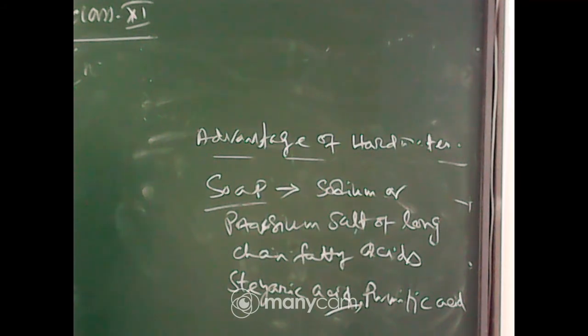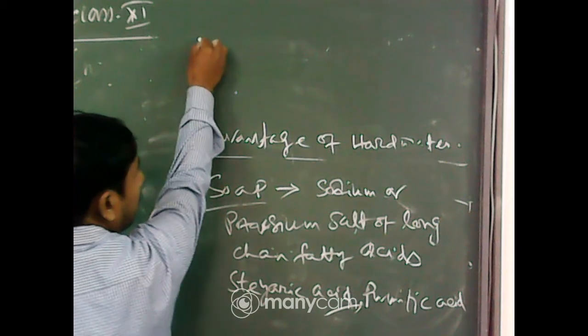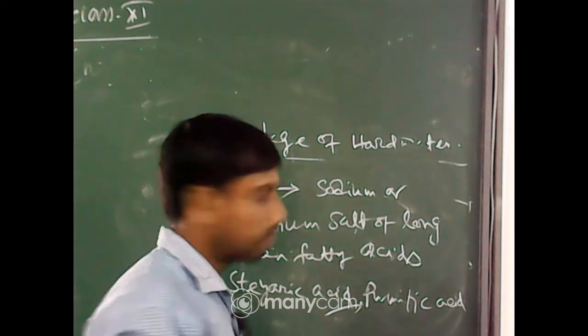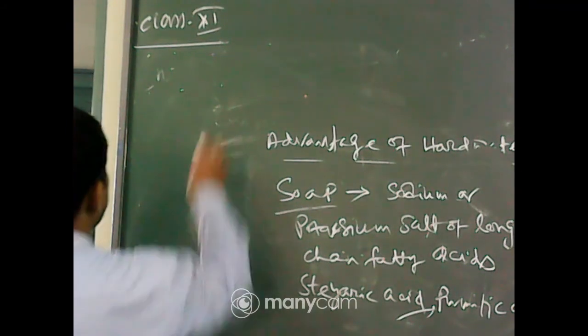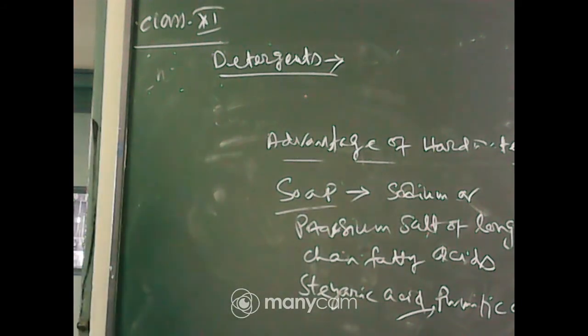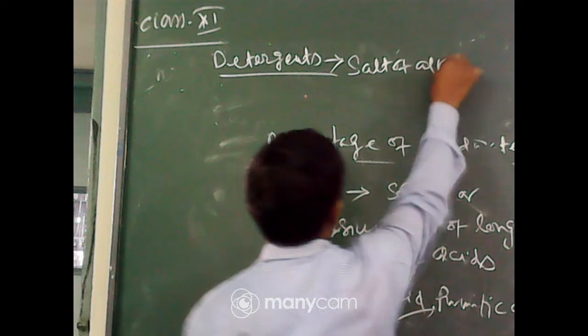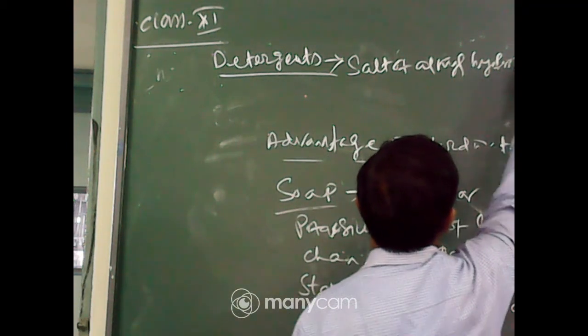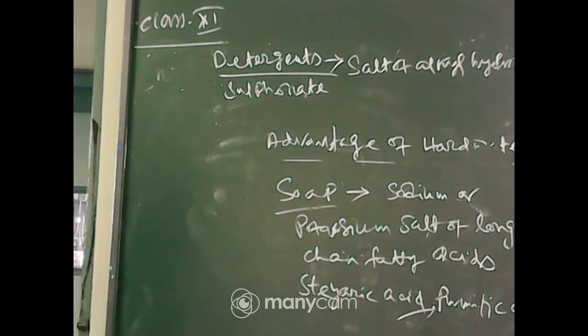So, what are detergents? It is the salt of alkyl hydrogen sulfonate of long chain alcohol, or alkyl benzene sulfonate.